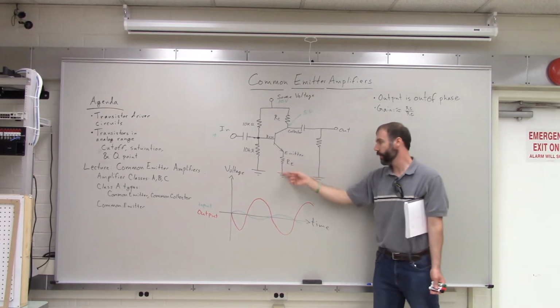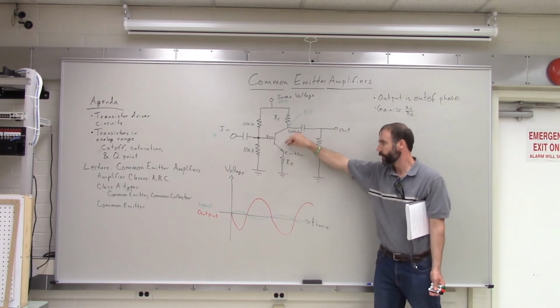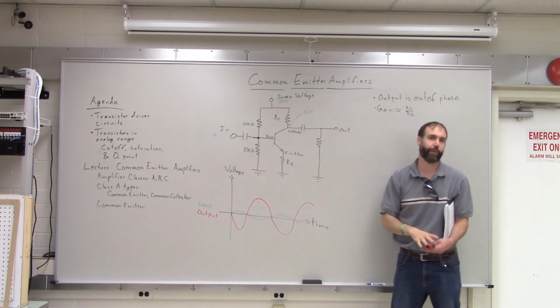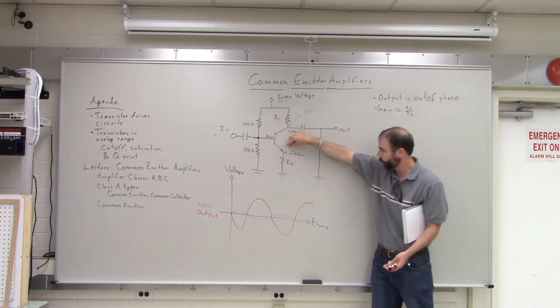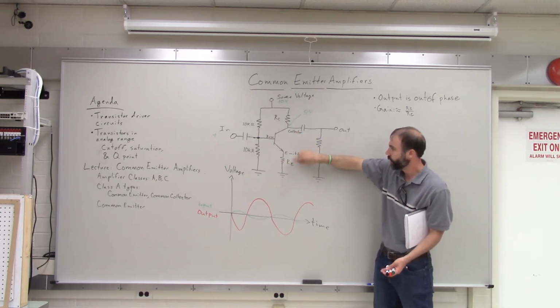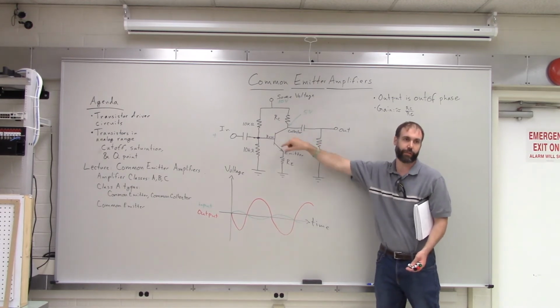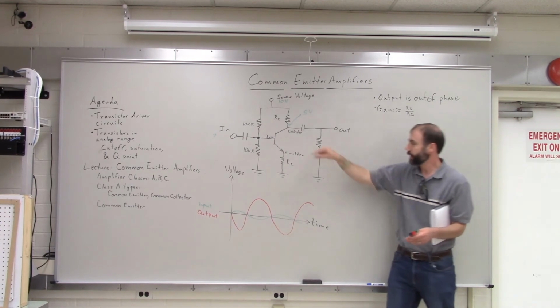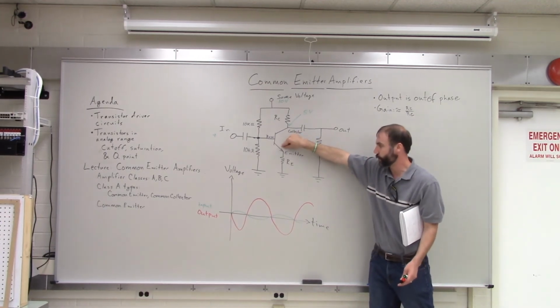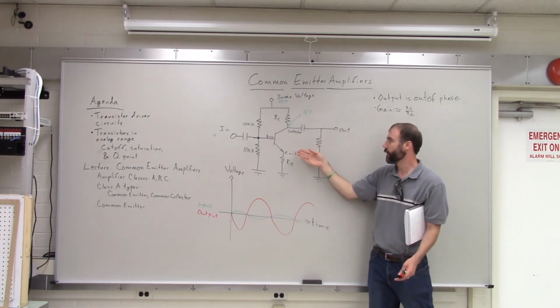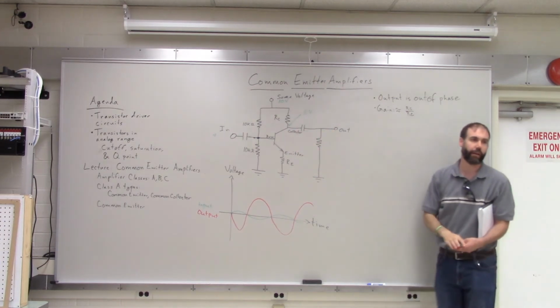So if you've got a big resistor on the emitter, then that small resistance change doesn't make much difference. But if you've got a really small resistor for the emitter, then it can start to be about the same size as the internal resistance. And so that small change in the internal resistance can mean a change in the whole gain of the transistor.